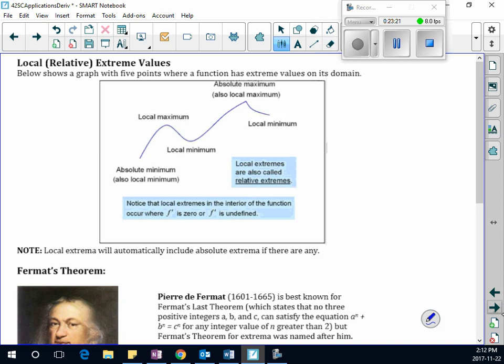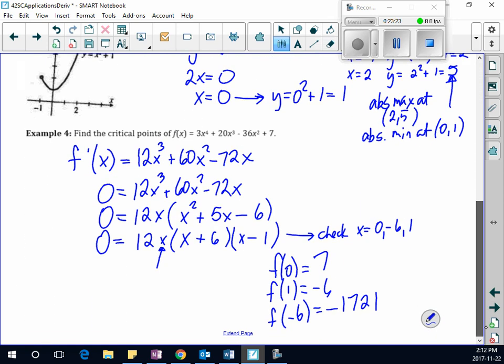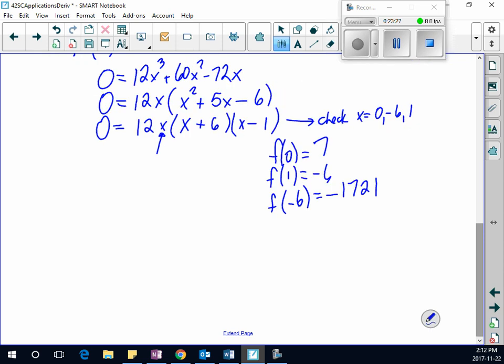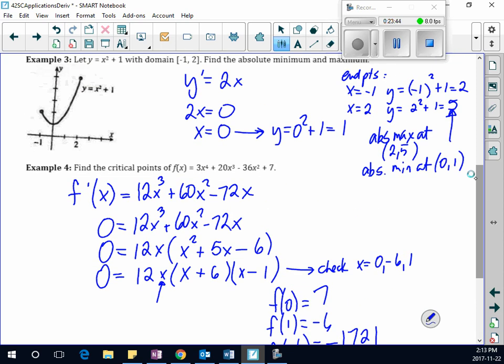But in this question, essentially what it's showing you is we have at negative 6 some really low point here. And at 1, we have another low point, right? And at 0, I have this. So do you remember what a polynomial that has a positive leading coefficient looks like?